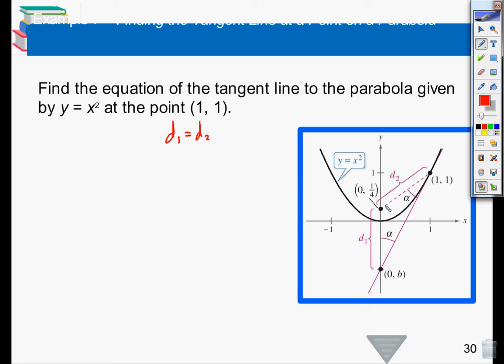Why is that true? Because what happens here is we are making an isosceles triangle. You notice these two symbols right here are indicating that these two angles are the same. So with this being an isosceles triangle, these two lengths will be the same, and that will be crucial to finding the equation of this tangent line right here.